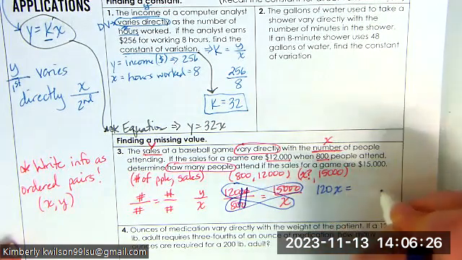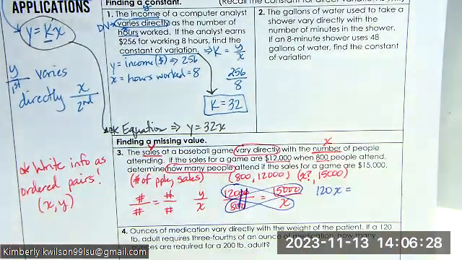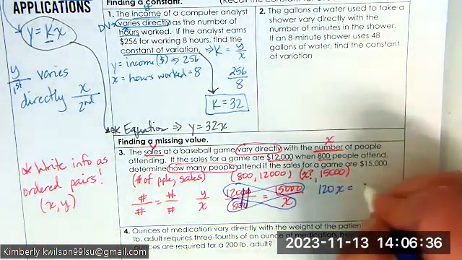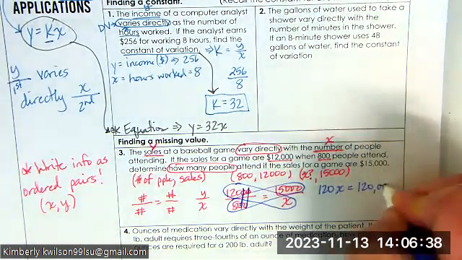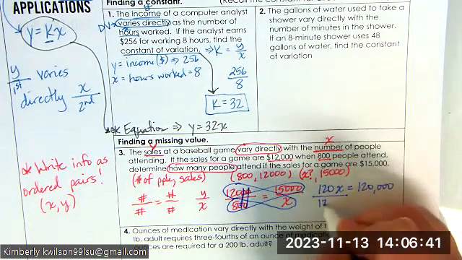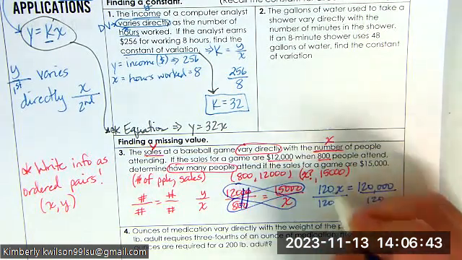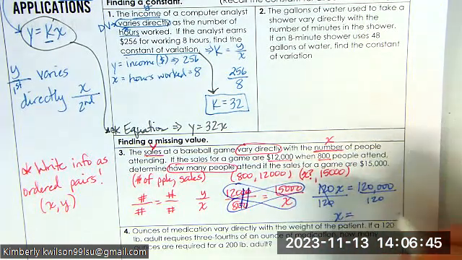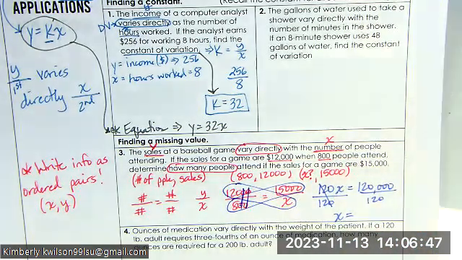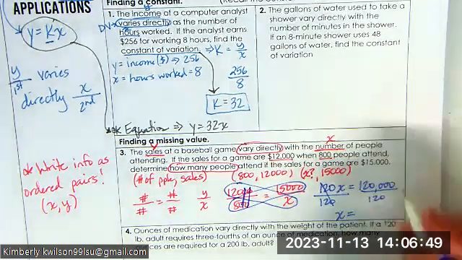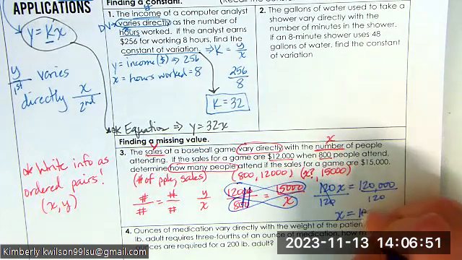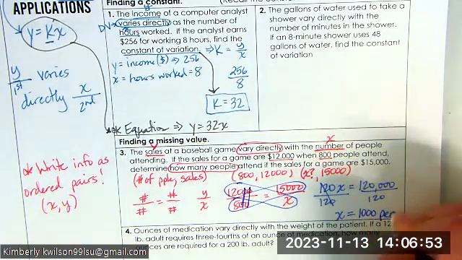So I end up with 120x equals 8 times 15,000, which is 120,000. Divide by 120 on both sides, and we have that x equals 1,000. So that's 1,000 people.